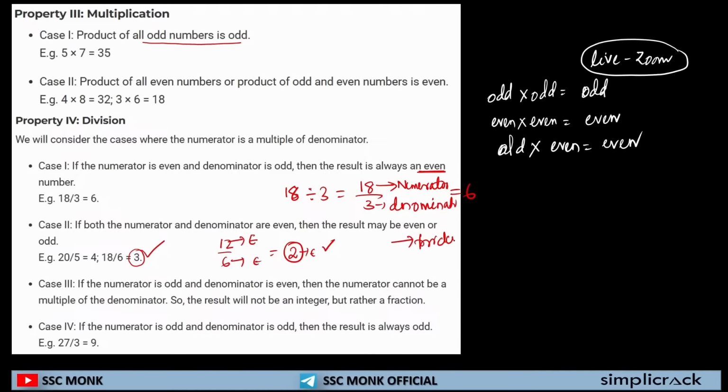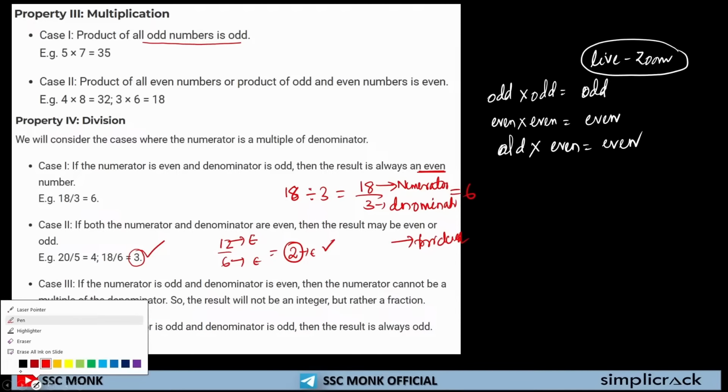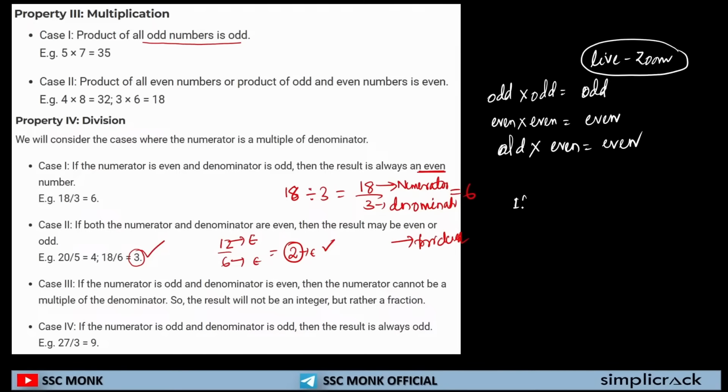So if the question says, if I divide two even numbers, I will always get an even number. You need to understand this language.